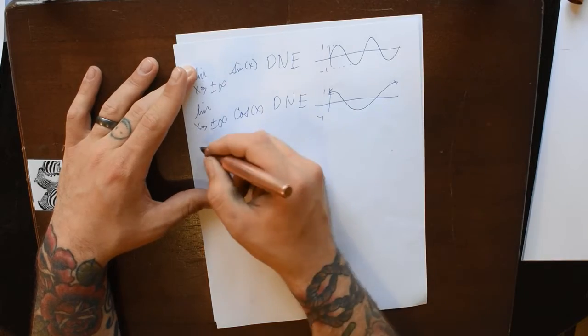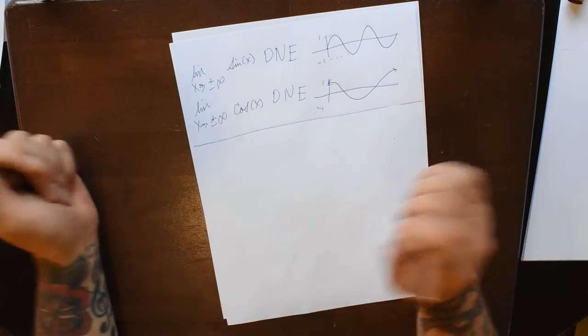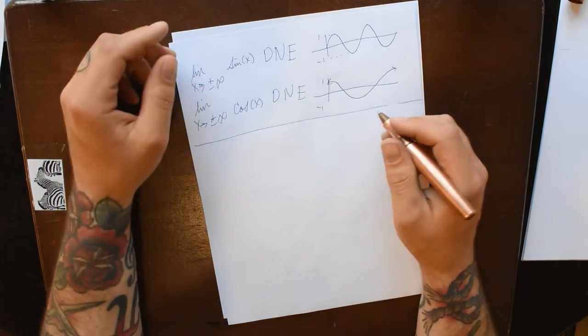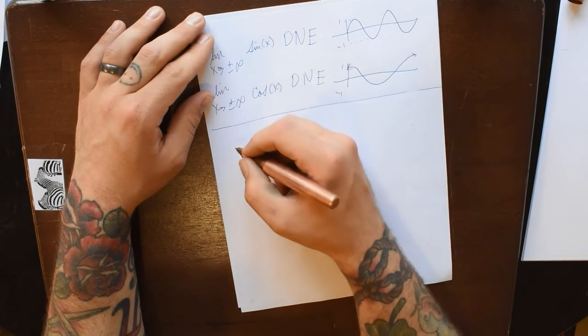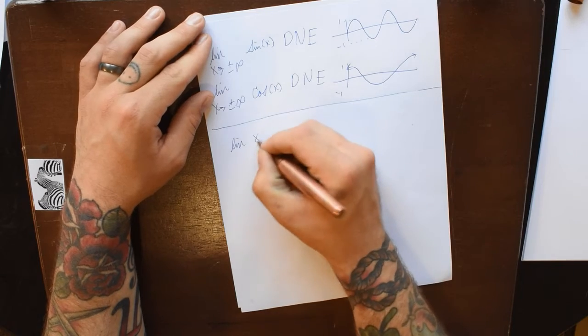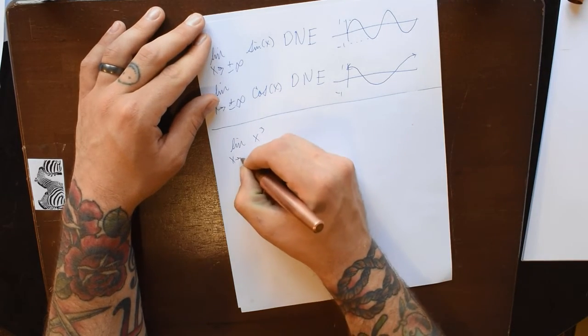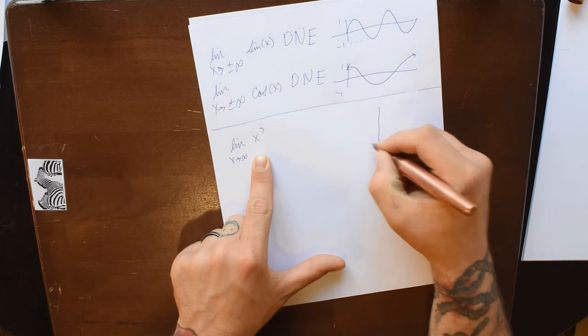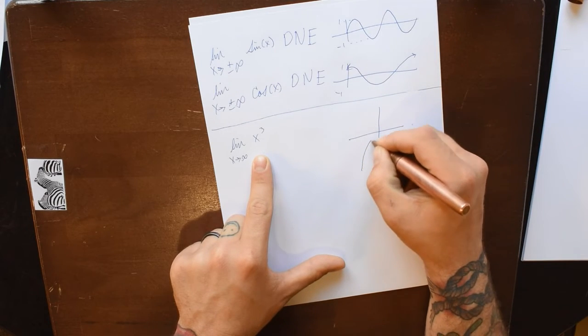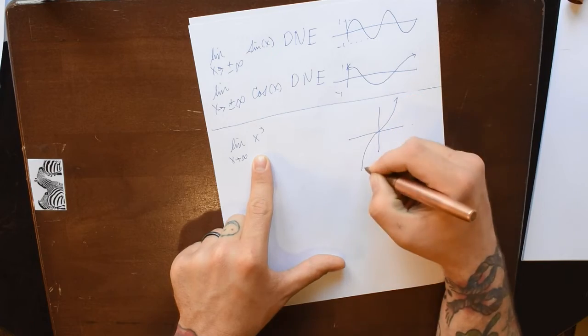So we've got infinite limits, we've got limits at or to infinity. We can have an infinite limit at infinity. If you consider the behavior of x cubed as we let x increase without bound, graphically, x cubed kind of looks like this.